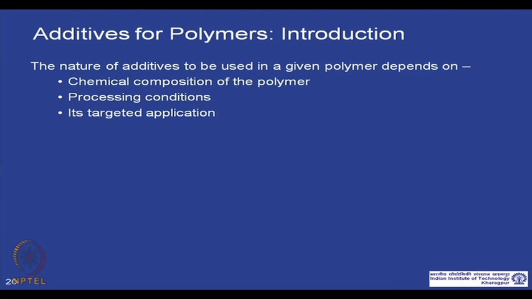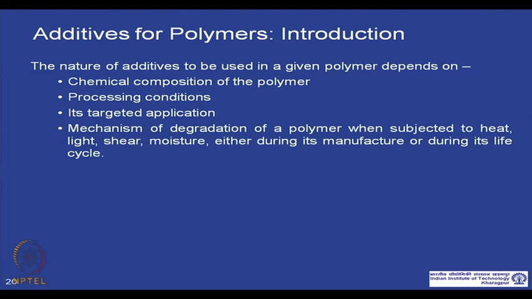Obviously, the target application has to be kept in mind, for which application you want to use that additive. And if you are talking about stabilization specifically, we must remember the mechanism by which the polymers are degraded when subject to heat, light, shear, moisture, either during processing or during manufacture and during the life cycle.